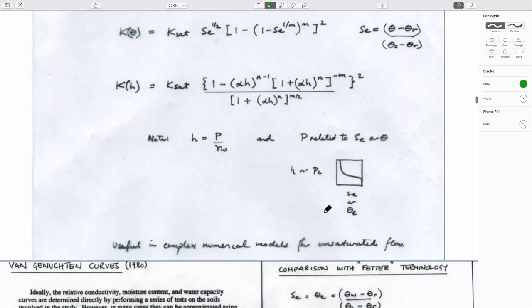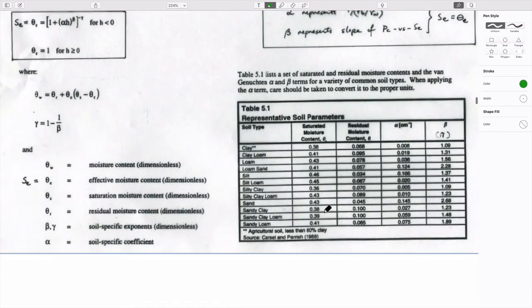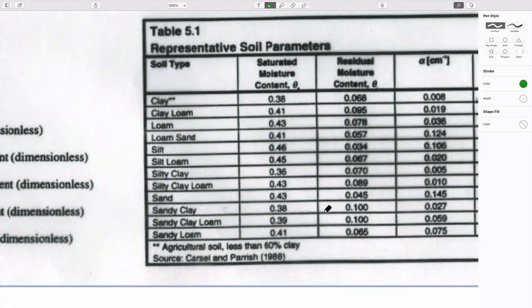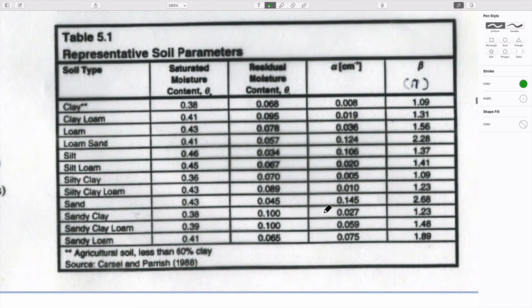And that is to realize that for a variety of different materials, described here in a narrative, for clays through sands, you can define magnitudes of the parameters that define these individual terms.